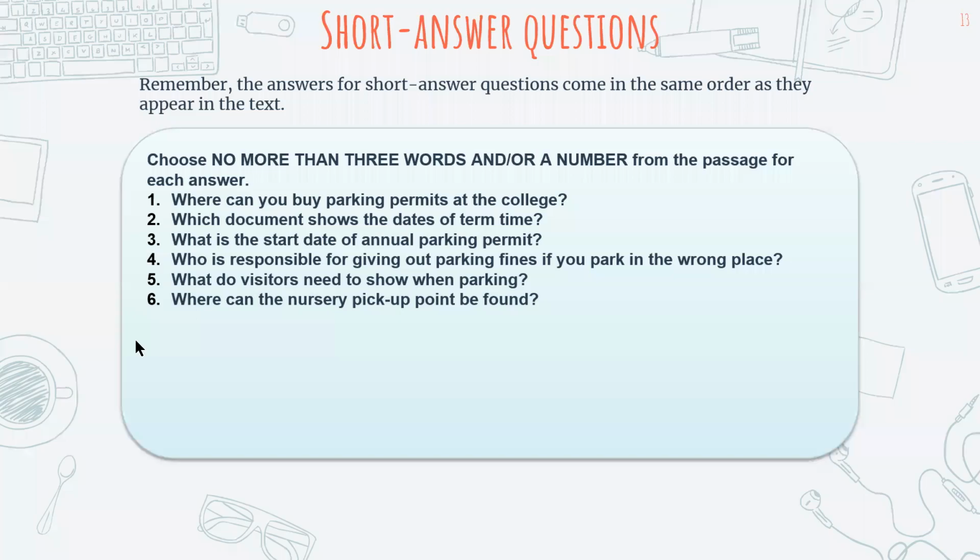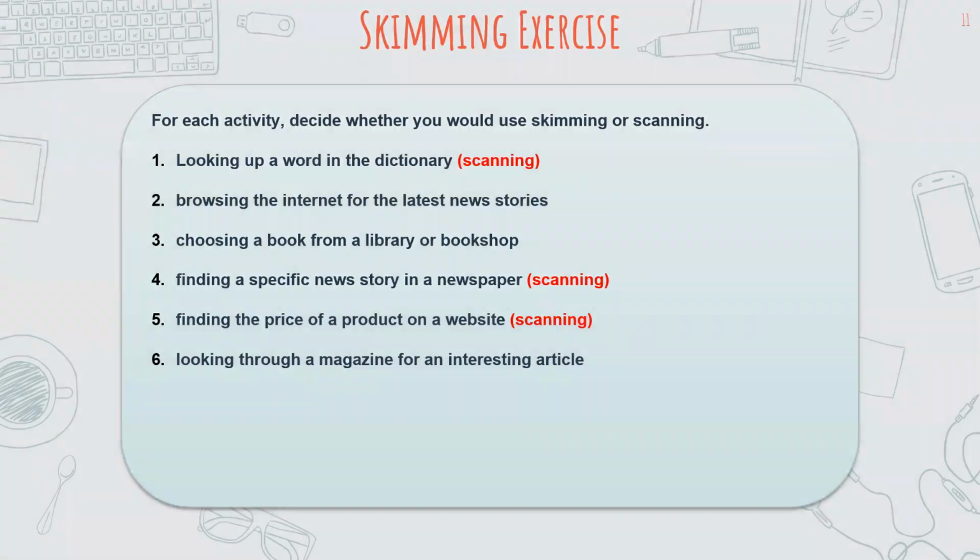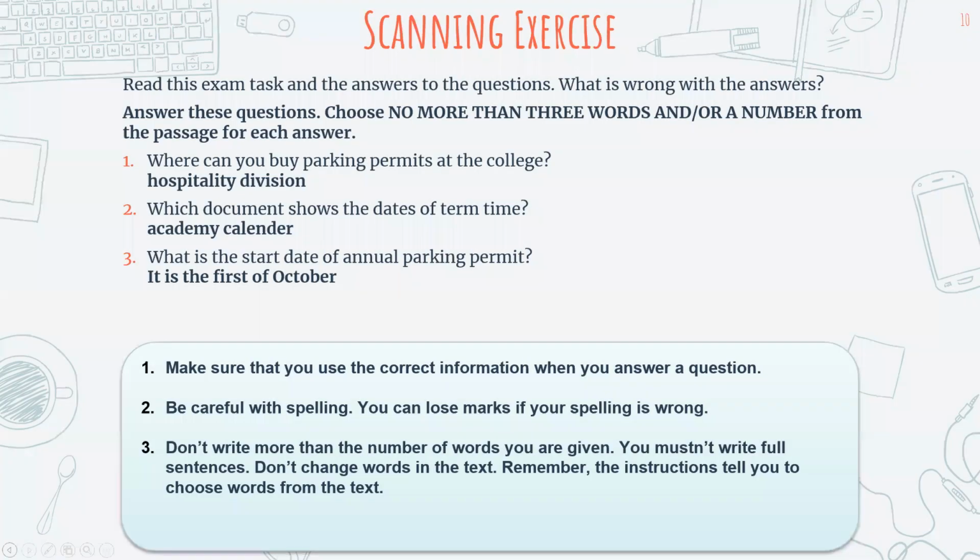If you look at the question again, what's the start date? Start date. Here it says "are valid for 1 academic year from". It has the same meaning. So this is the answer, 1st October. If you remember, let's go back to the previous slide, the scanning exercise.